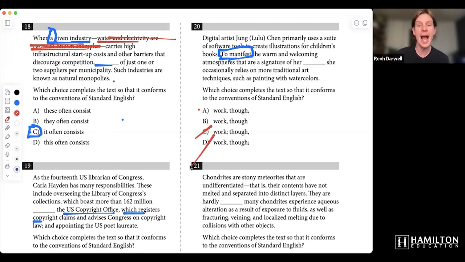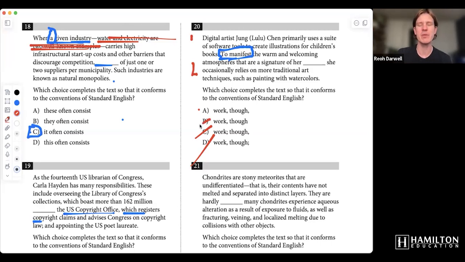Now, between B and A, we need the comma after "though" so that we can see that the "though" is pivoting from our first sentence to our second sentence, right? Saying that though she uses software creations, she primarily uses watercolors.